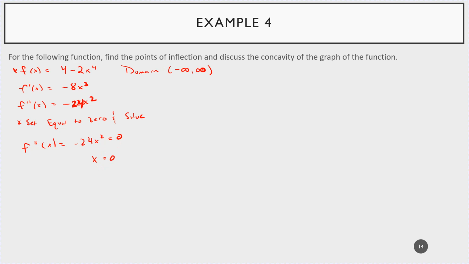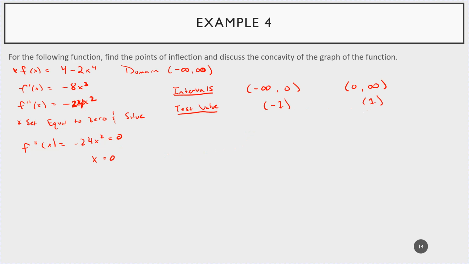So you're going to have to go from negative infinity to 0, 0 to infinity. So set up your interval: negative infinity to 0, and then 0 to infinity. You're going to pick a test value. I'm going to pick -1, and over here I'll pick 1.